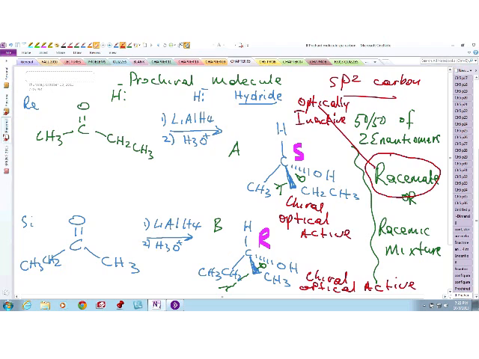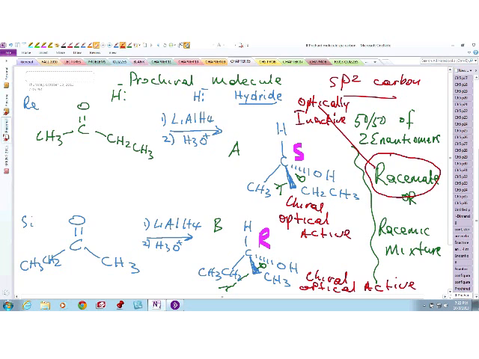The racemic is optically inactive, even though the individual enantiomers in that mixture, individually, are optically active. I will tell you what we mean by that shortly. Is the racemic same as the racemic mixture? Yes, it's the same as racemic mixture.